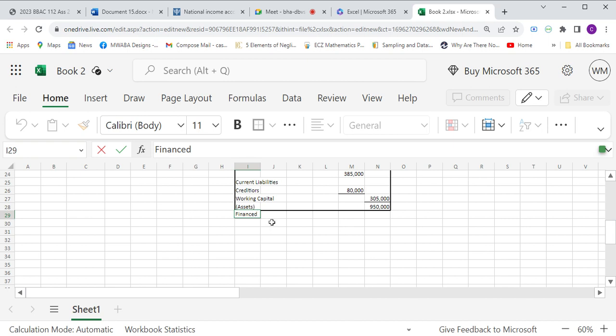Let's say financed by, and you're going to say owner's equity. And you're going to say capital. What's the capital here?